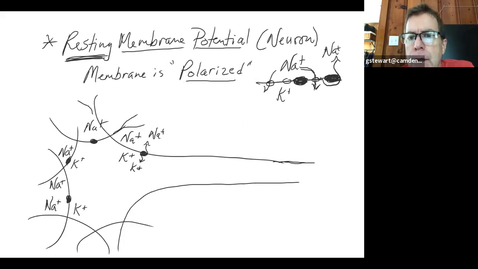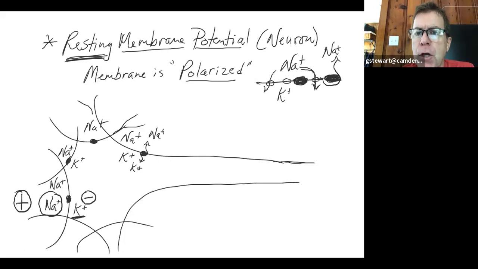Now, I know that sodium is positive and potassium is positive, but this is a much greater positive ion than this one. And so when we compare the environment of outside to inside, this side of the membrane is much more positive than the inside.